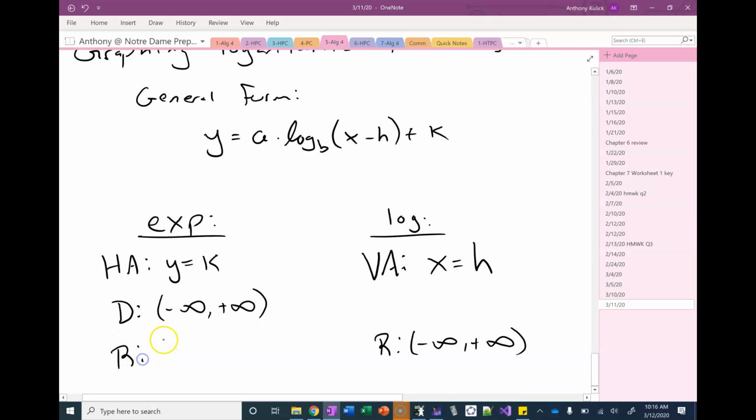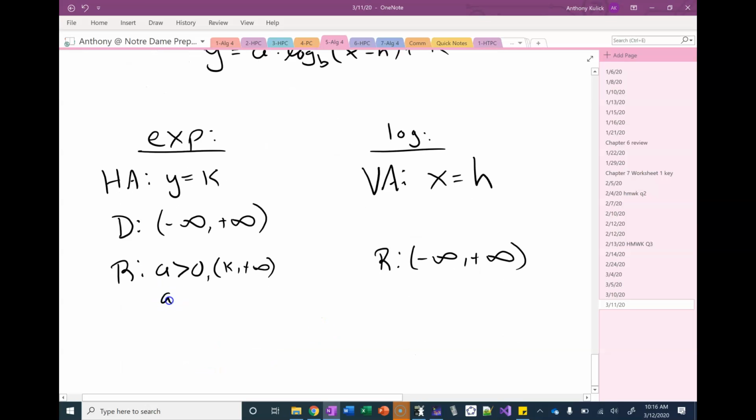Now, the range for an exponential had two cases. When the a was positive, we were doing k to positive infinity. And when the a was negative, we went negative infinity to k. Really, we're only going to deal with one of those two situations because of how we've defined our general form for logarithmic.